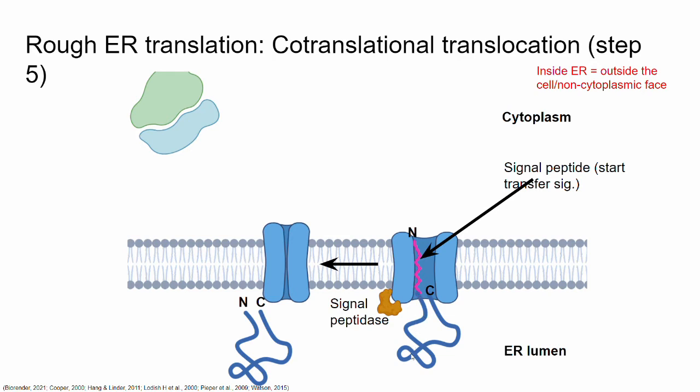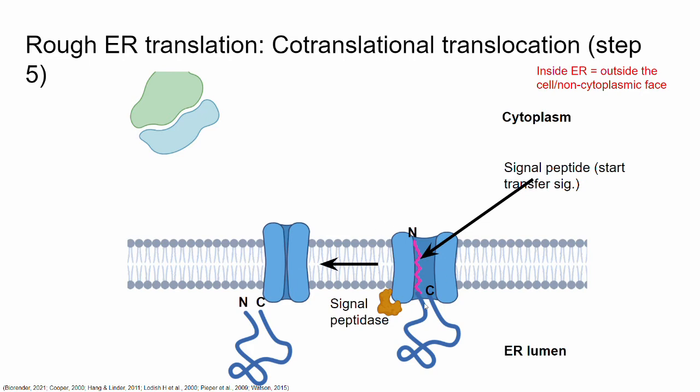So it starts adding until the whole mRNA is finished. Now, we don't have a stop transfer signal here because the mRNA actually finished. So the entire messenger RNA was translated without producing any stop signal. So you don't need a stop signal in this case.